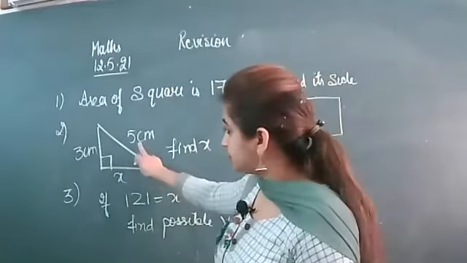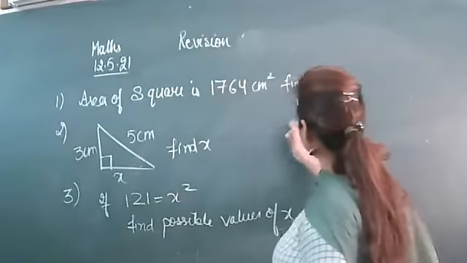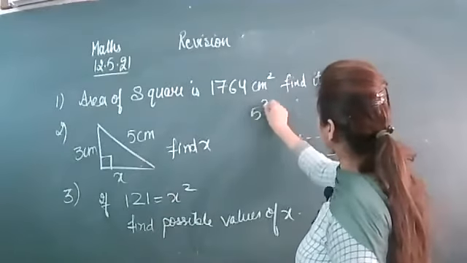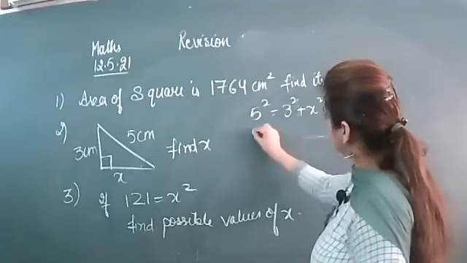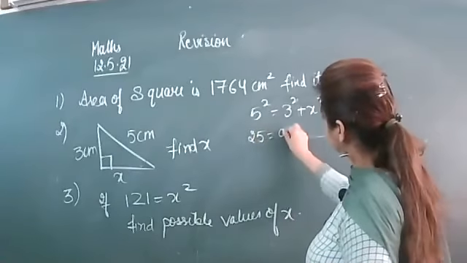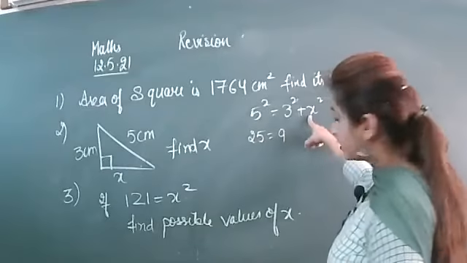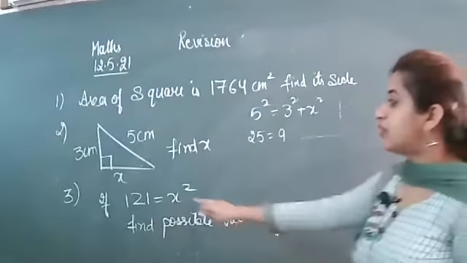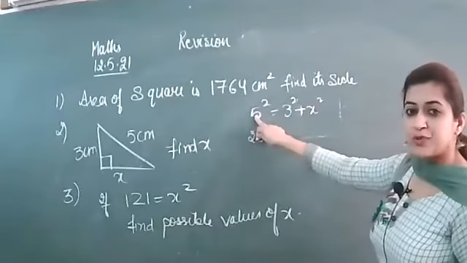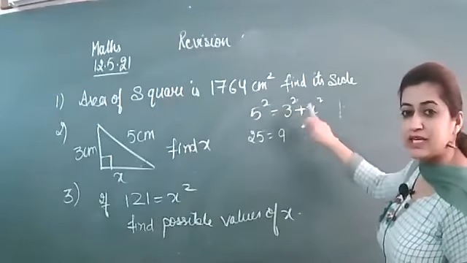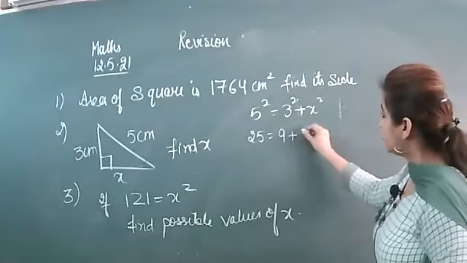Ma'am, 5 square is equal to 3 square plus base square. So 5 square is 25, perpendicular square is 9, so 25 minus 9 is 16. So base square will be 16. This third side is your x, so you will write it this way: 5 square hypotenuse is equal to perpendicular square plus base square, that is x square.